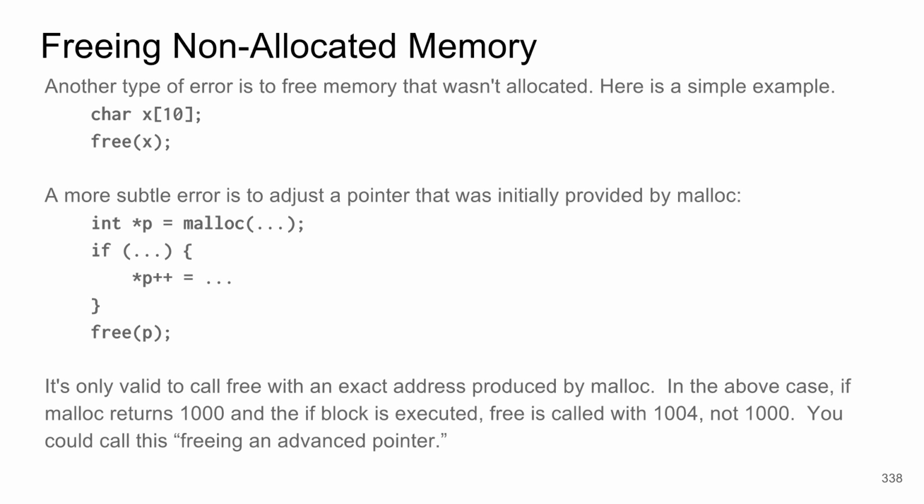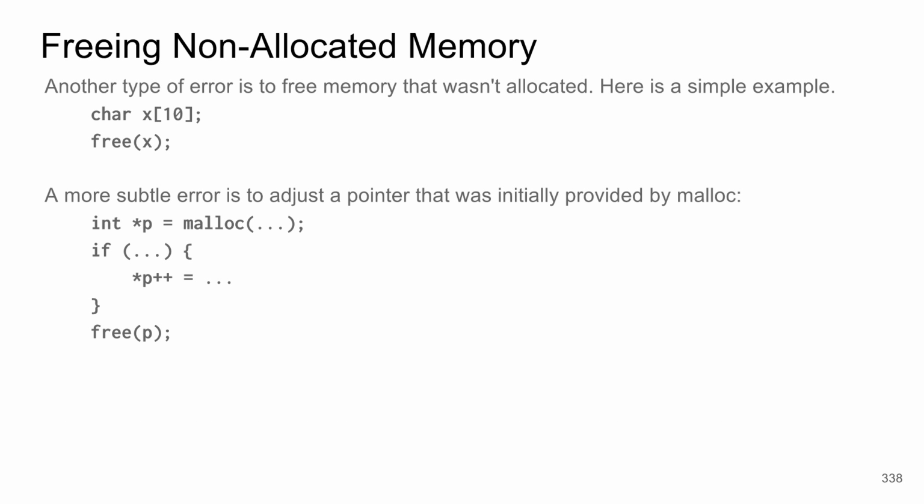Imagine this example. We say p is equal to malloc some memory, some if statement or something, and then we increment what p is pointing at. And then we call free(p) right after this. This would be an error because even though p is only incremented once, it's no longer pointing at the original address.